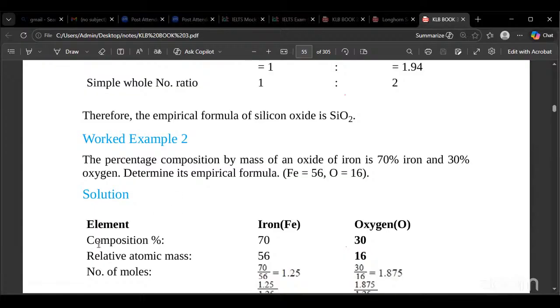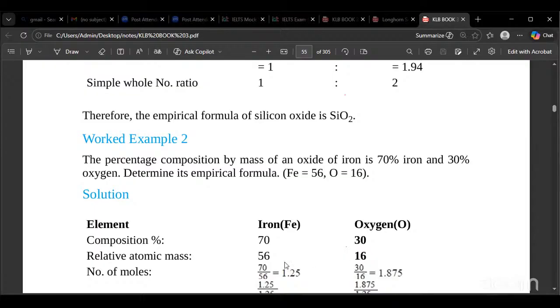So first of all, you identify the percentage by mass. Of course, this one was easy because you're given 30, 70, 30. And then you identify the relative atomic masses, 56, 16. Relative atomic. The reason why I'm repeating atomic is one atom. They have no relative molecular mass, which for oxygen would have been what? 32.